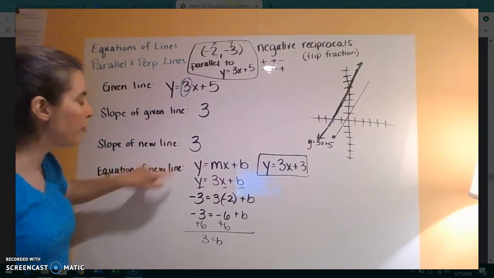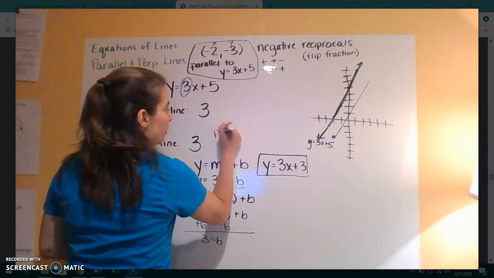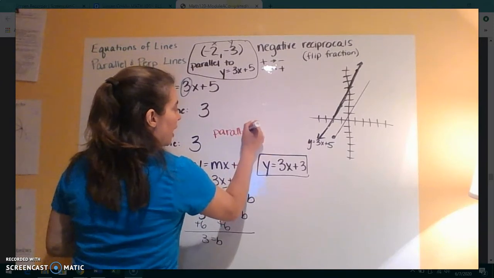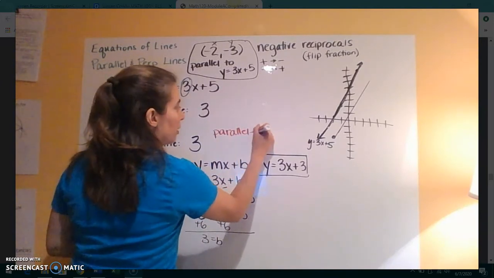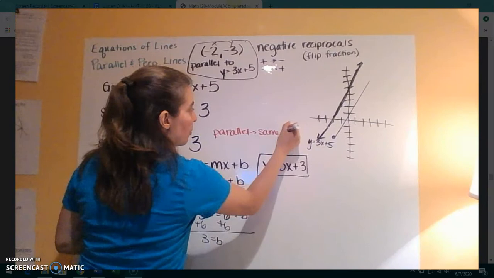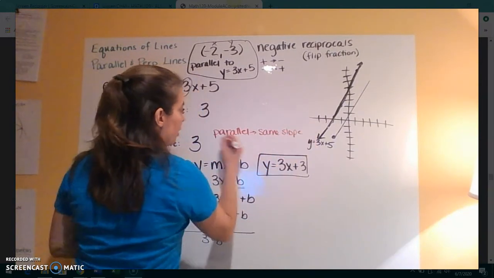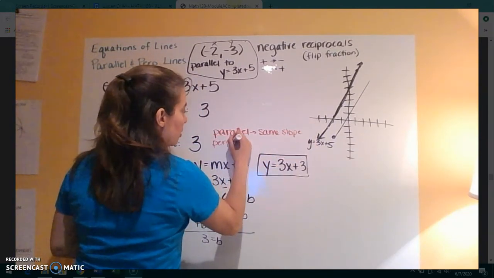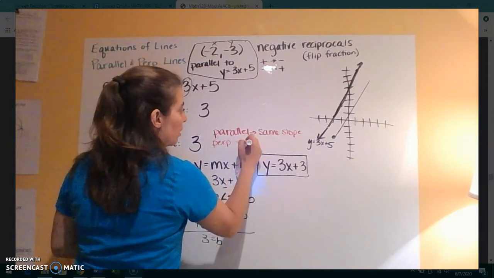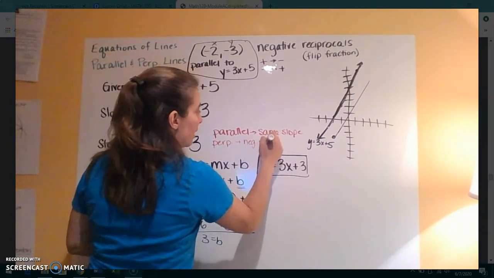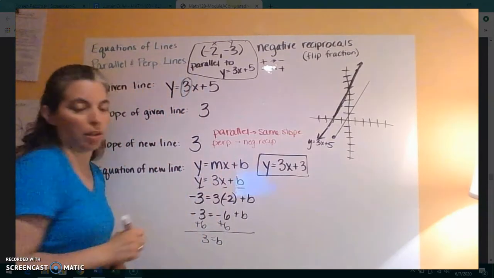Now, for the slope of the new line, you have 2 choices. If you're looking for a line that's parallel to this one, it's going to be the same slope. If you're looking for a line that's perpendicular to this one, then your slope is going to be the negative reciprocal.